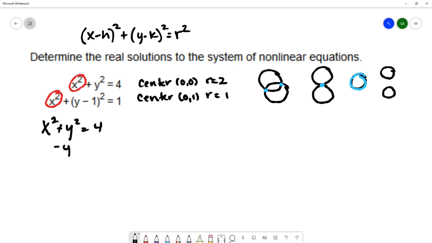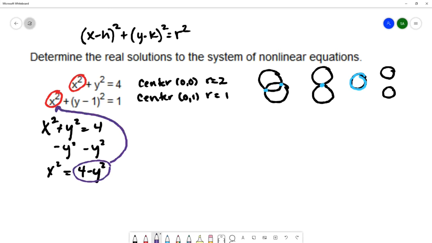So I'll subtract y squared on both sides. That gives x squared equals 4 minus y squared. And then I substitute that into the other equation. When I substitute, that would give 4 minus y squared plus (y minus 1) squared equals 1.